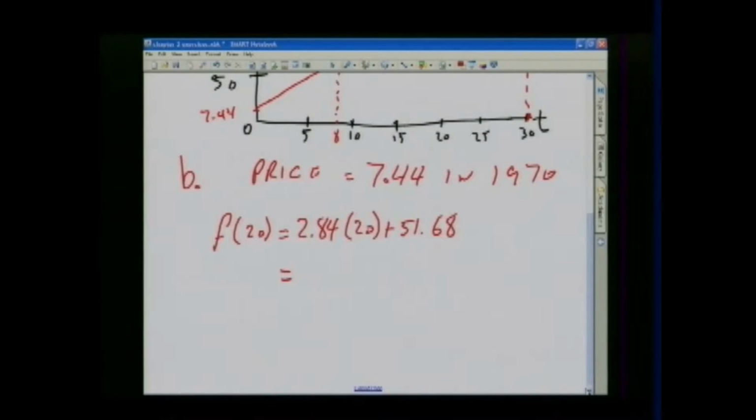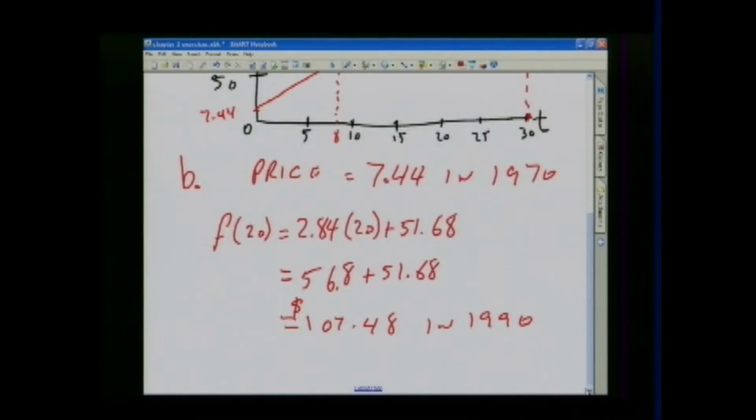So it would be equal to 56.8 plus 51.68. The total of that would be 108.48, I assume. This is in 1990. I'll take care of that problem.